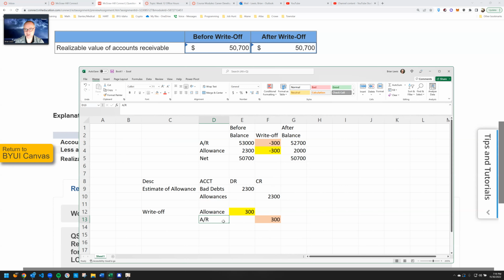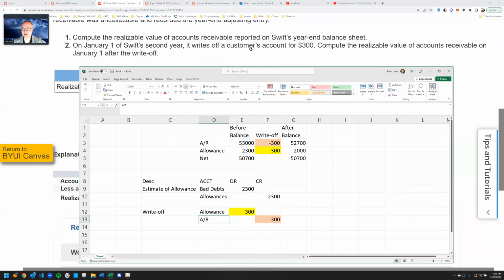Definitely a trick. Yeah, when I saw this, I was like, ooh, that's a little bit of a mind bender, because you wouldn't necessarily anticipate it being the same, but because it's an allowance method, it ends up being the same because you're just moving money from one account on the asset, on the balance sheet side, to another account.